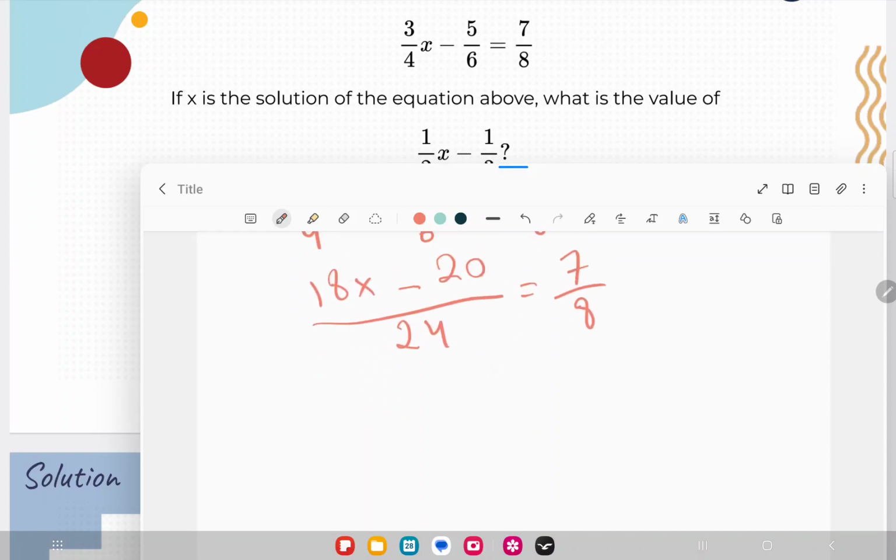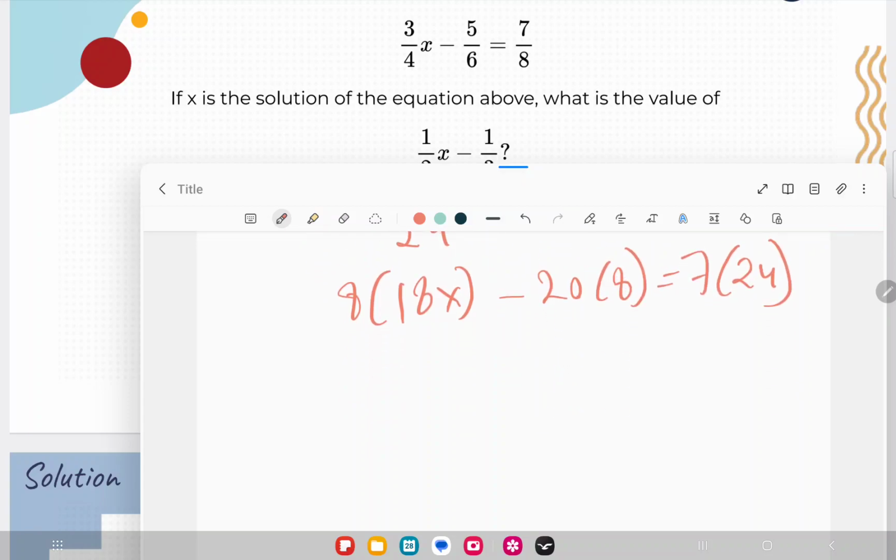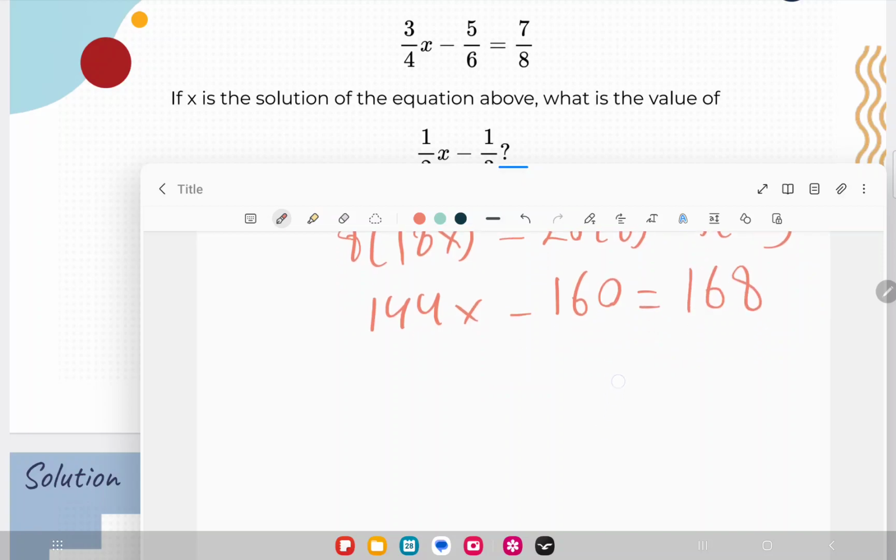So 8 times 18x minus 20 times 8 is equal to 7 times 24. 8 times 18 is 144x, minus 20 times 8, 160, is equal to 24 times 7, 168.